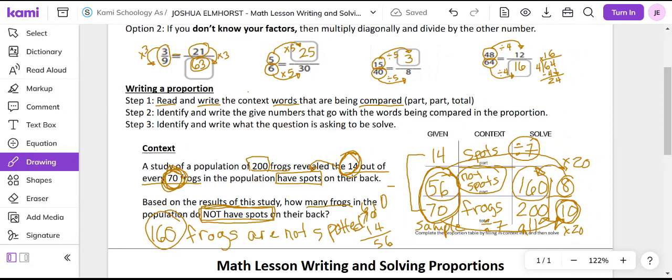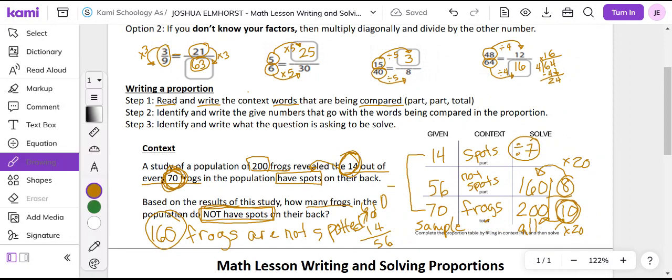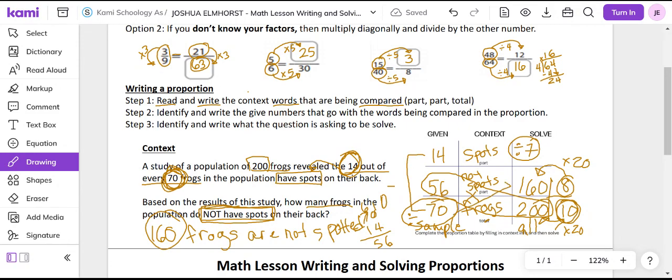Now, before I finish up here, I'm going to go back and just emphasize there are other ways to solve the proportion. If you don't know the factors, well, then you could have cross multiplied 200 times 56 divided by 70, and that also would have gave you 160.